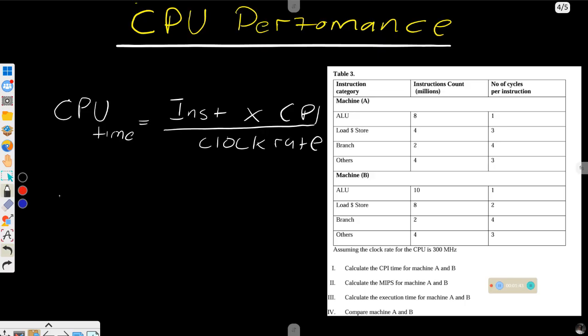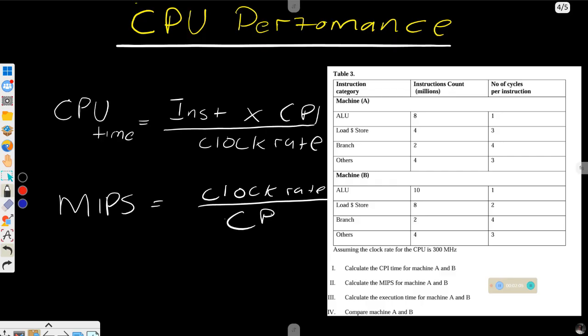The other formula that you need to know is the MIPS, which states that it is your clock rate over your CPI.